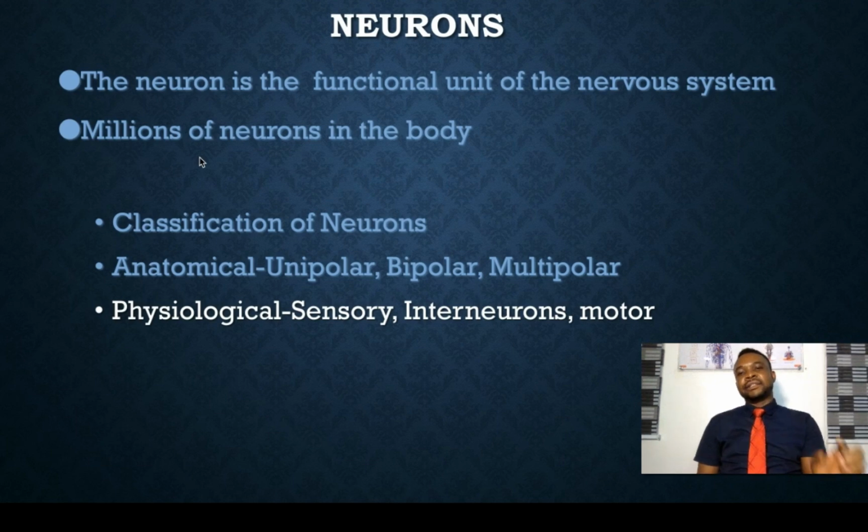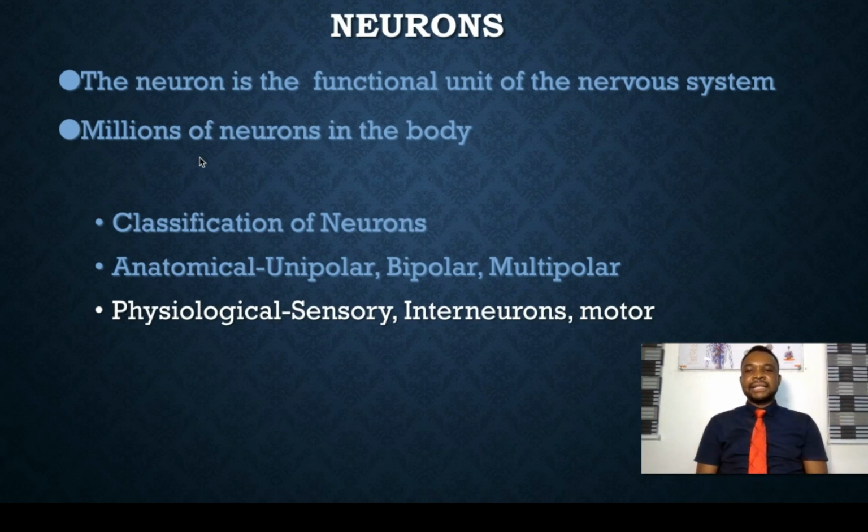I'll take it again. Anatomically, a neuron can be classified into unipolar, bipolar, and multipolar. Unipolar means it has just one process. When I explain a typical neuron to you, you will understand what I mean by the process. Bipolar is the one that has two processes, and multipolar is the one that has multiple, from the word multiple, several processes.